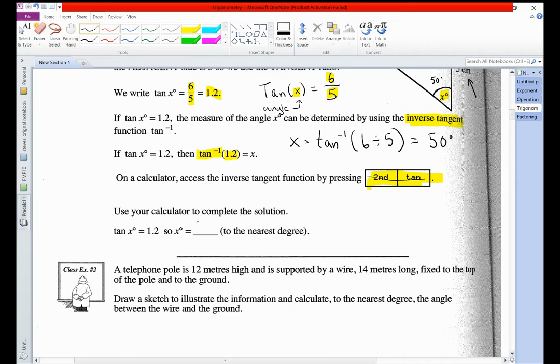So if your calculator is giving you a weird number, double check that you are in degrees. If you're not in degrees for our trig unit, things aren't going to work. The other things you might see are radians or rad, or gradients or grad. We don't want to use those. We want to be using degrees.